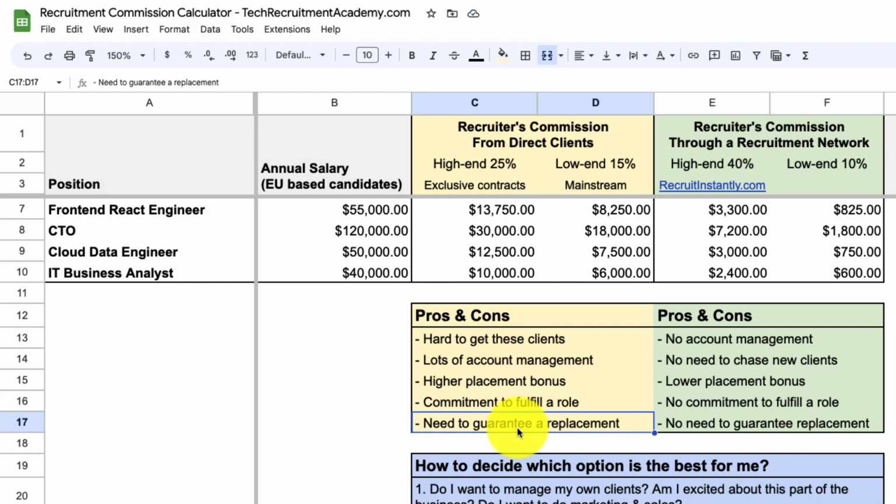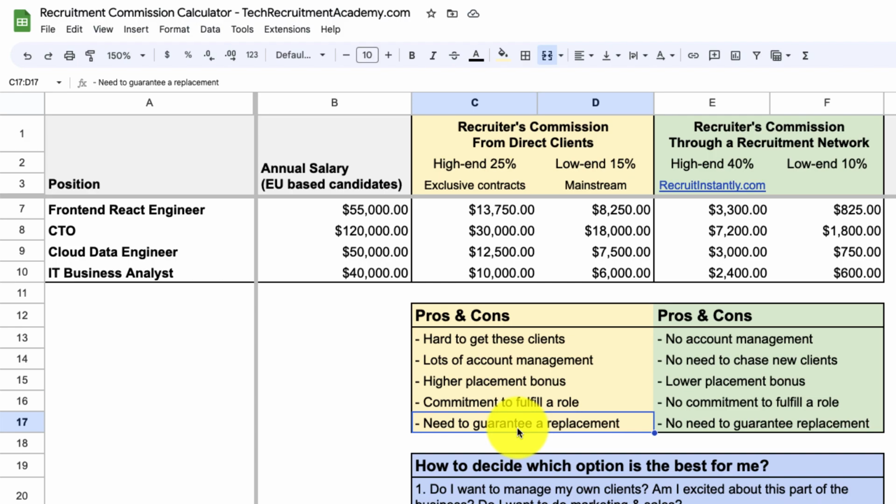You also need to guarantee a replacement, which is something to think about, because if you work on your own, this could easily backfire. Just imagine a scenario when you work on a role for 3 months, you finally manage to get someone placed, you are exhausted, you would like to shift to some other role or another client. Maybe you sign another client by then and you promise them that starting on September 1st, you can start working for them.